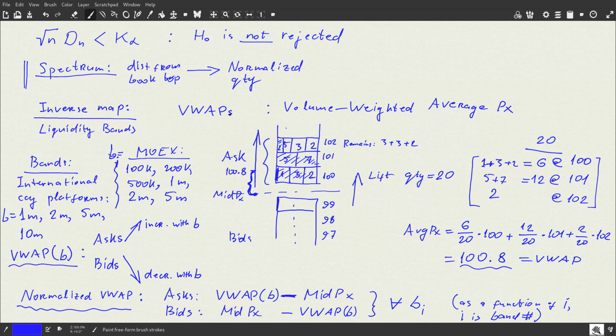So basically those who provide liquidity passively, or equivalently, placing passive orders into the order book, they play the orders which indeed appear in the order book and they appear in our metrics. They appear in our spectrum or bands, okay?